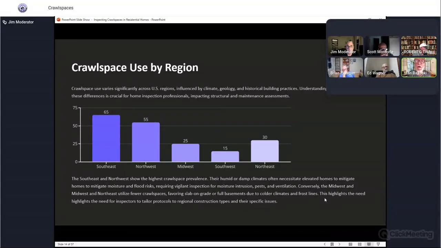Their humid or damp climates often necessitate elevated homes to mitigate moisture and flood risk, requiring vigilant inspection for moisture intrusion, pests, and ventilation. Conversely, the Midwest and the Northeast utilize fewer crawl spaces, favoring slab on grade or full basements due to colder climates and frost lines.